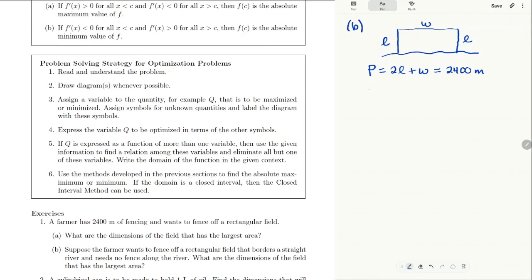And again, we want to maximize the area function. The area of the rectangle is still length times width. But now if we solve for, let's say, the width from the perimeter equation, we have 2L plus W is 2400. So W is 2400 minus 2L.